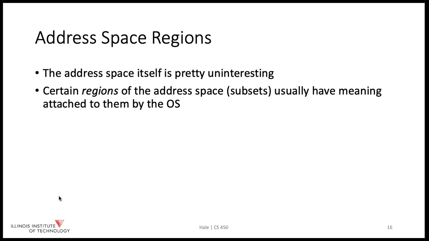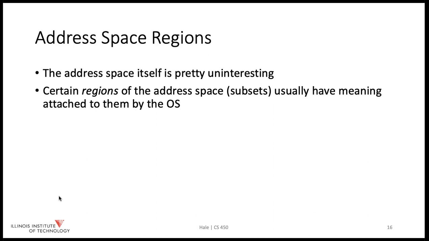We did a little bit of talking about what an address space actually is, and that's just like a set of numbers, essentially, right? But what's really interesting about these address spaces is their regions, okay? The subsets of the address space to which we attach some specific meaning, okay?